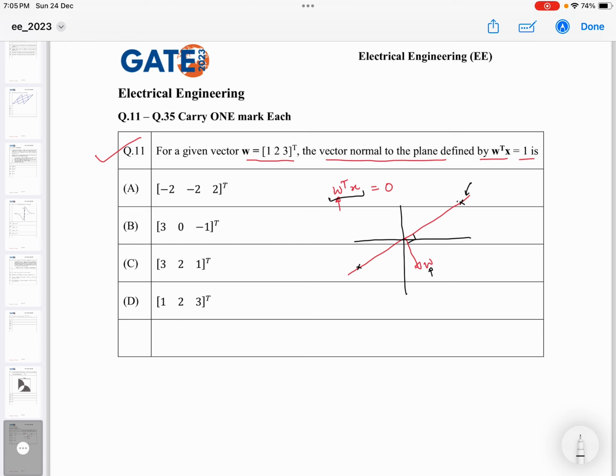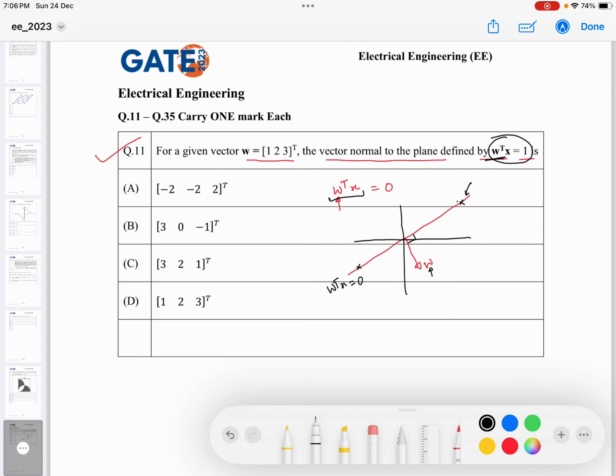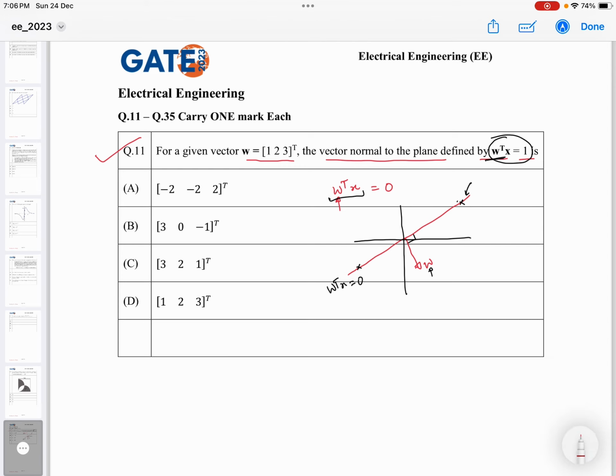And if I ask you what will be the plane w transpose x equal to 1, it will be parallel to this plane itself, right? So if this is w transpose x is equal to 0, then we will have this w transpose x equal to 1, and that will be parallel to this plane.